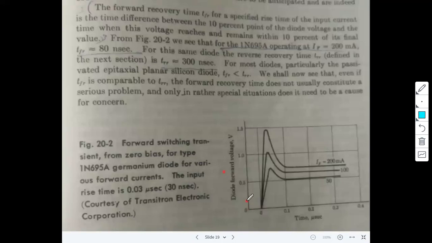Now these are some experimental results. Diode forward recovery time is typically around 80 nanoseconds, whereas diode reverse recovery time is 300 nanoseconds. This is typical for different amplitudes of current signals.